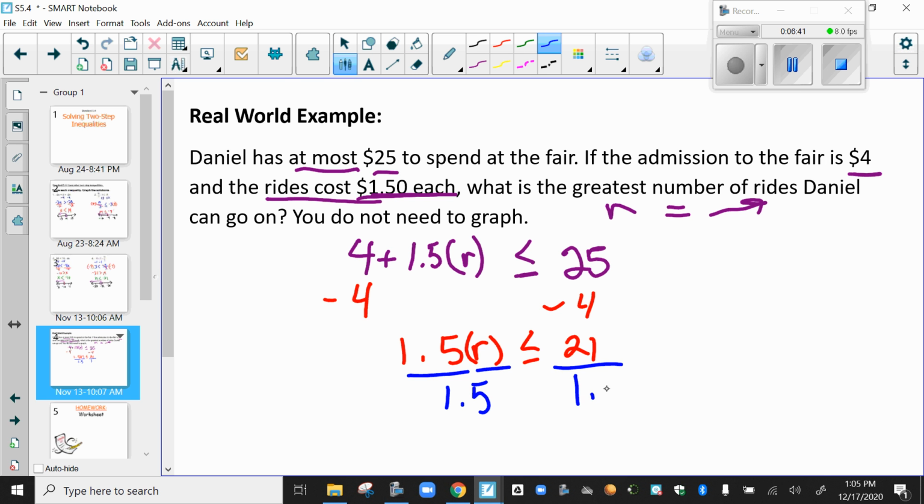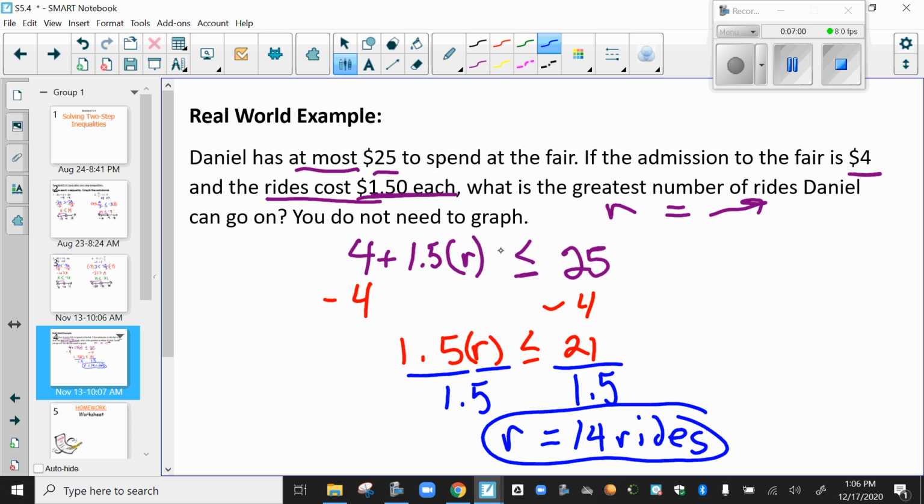Divide this by 1.5. So if I take that and I divide, let's see, 21 divided by 1.5, oh, that's going to give me 14. So that's going to make R equals 14 rides. All right, and it says you do not need the graph, so we are done with this one.